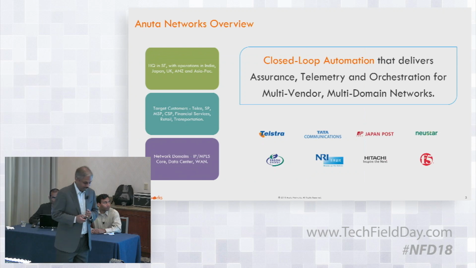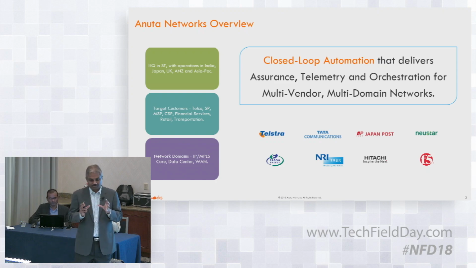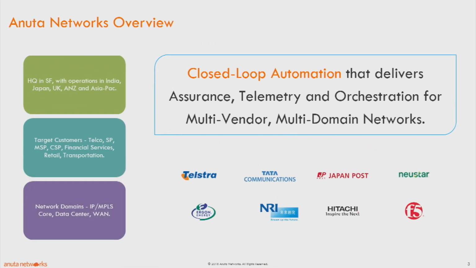So this is about the overview. What we are trying to deliver here is closed loop automation with Anuta Atom. When I say closed loop, it takes care of provisioning the multi-vendor infrastructure, collecting the network state data, and enabling the administrator to take remediation action using our model-driven infrastructure.